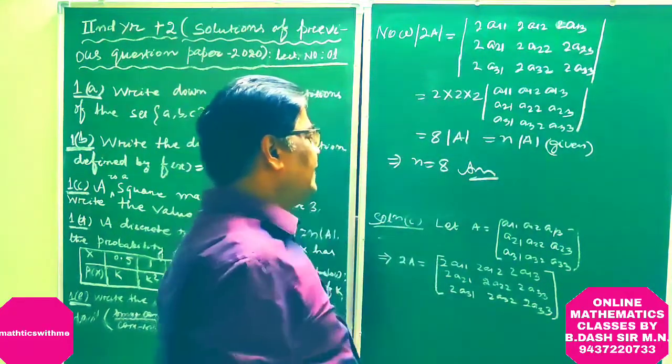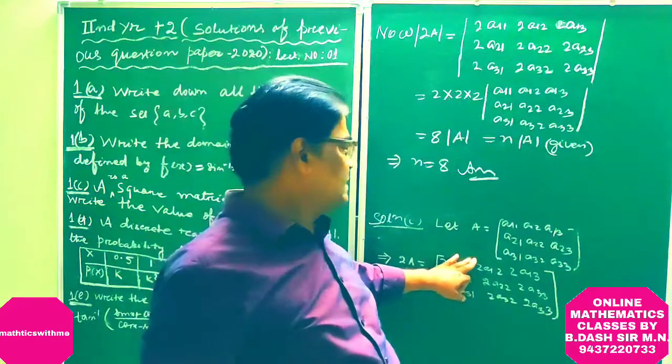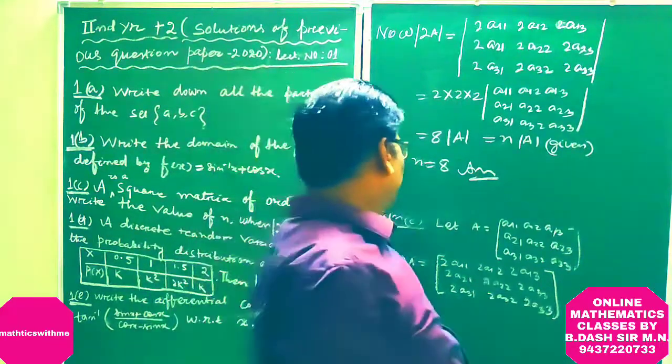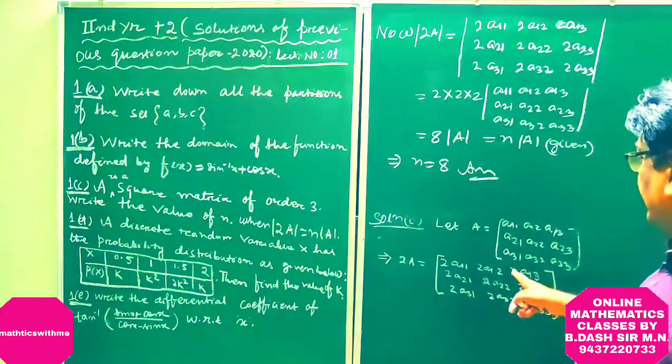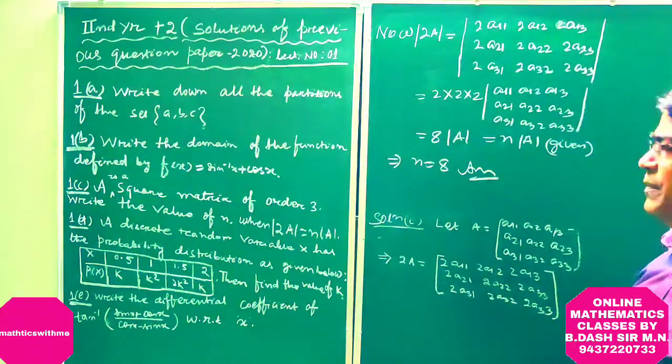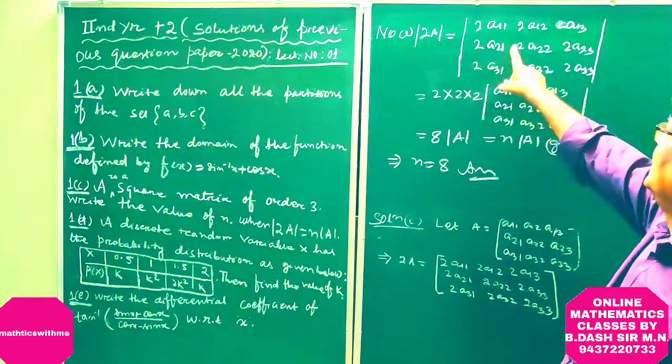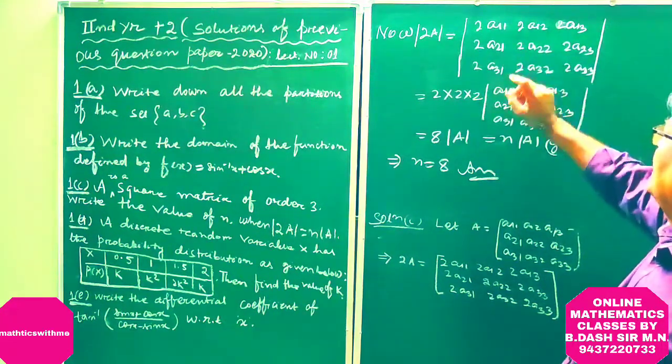So here A is a square matrix of order 3. So 2A means we have to multiply 2 in each and every row of the matrix. Now determinant of 2A is equal to the determinant of this one.